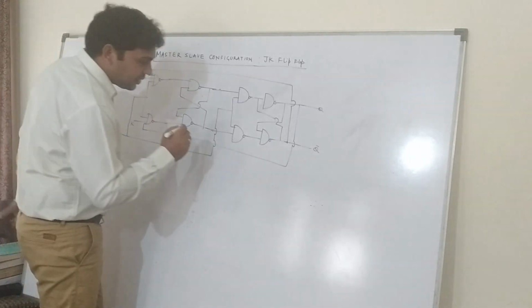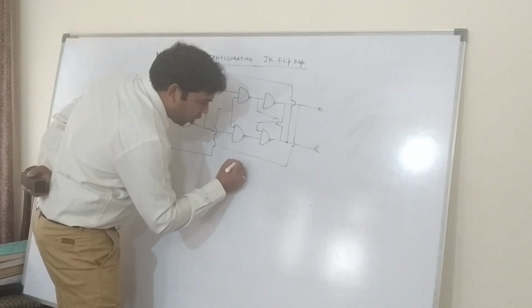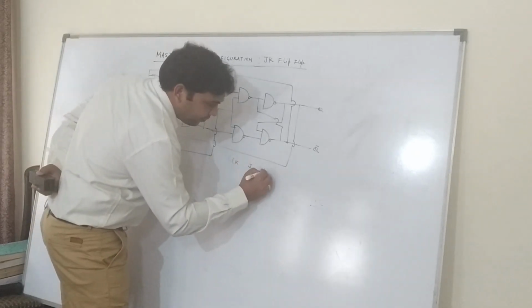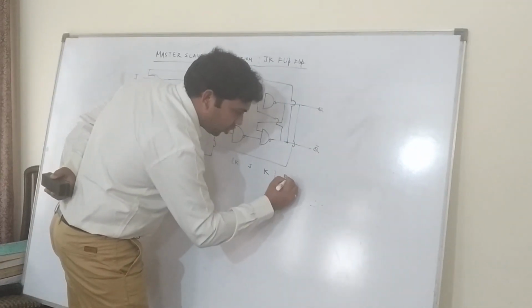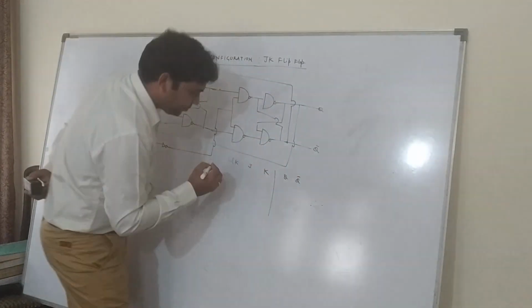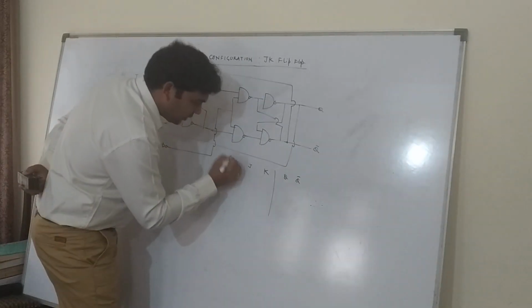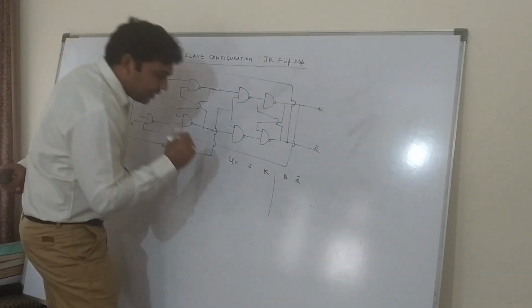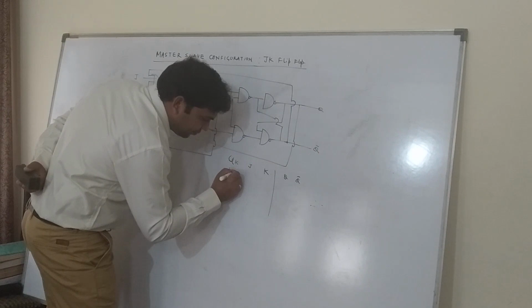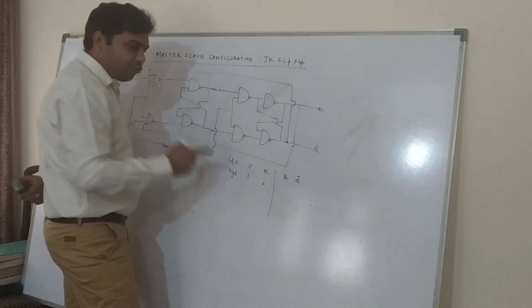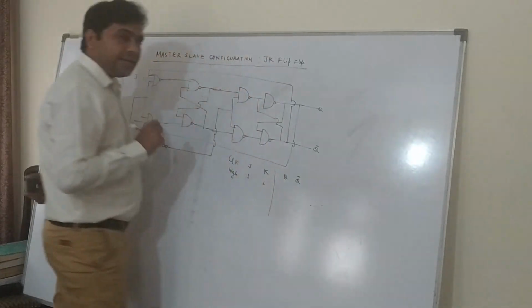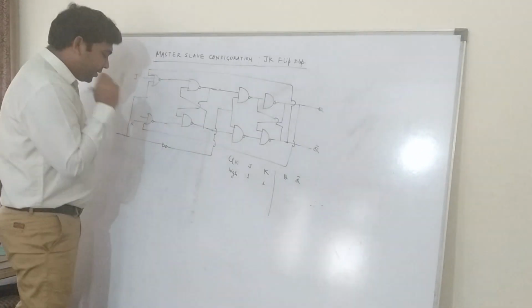Now let's consider the same case, clock, J, K, and let's see what Q and Q bar will be. So let's say the clock is high, J is high, K is high. Earlier it was racing. Now we have to see what will happen.